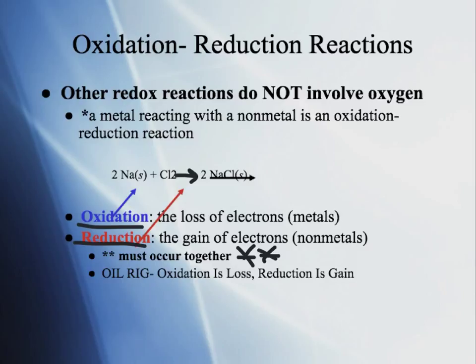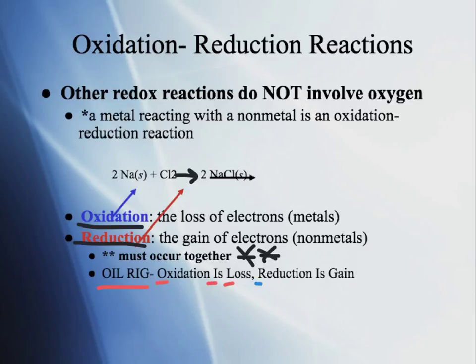Here is a little analogy for remembering that oxidation means the loss of electrons and reduction means the gain of electrons. If you remember the object oil rig, you'll remember that oxidation is loss: OIL, oxidation is loss.